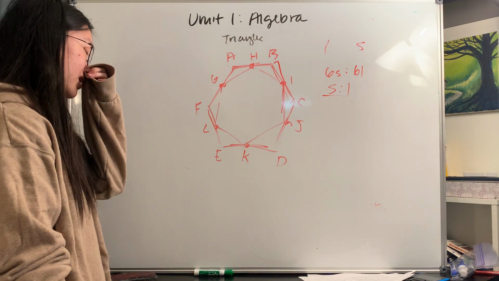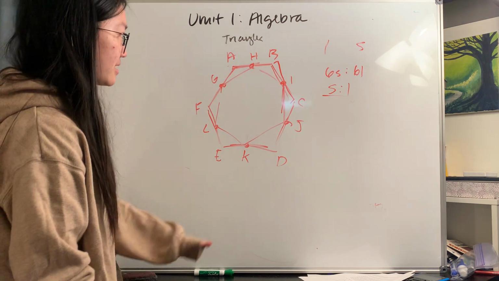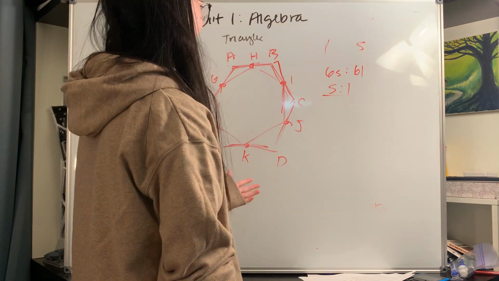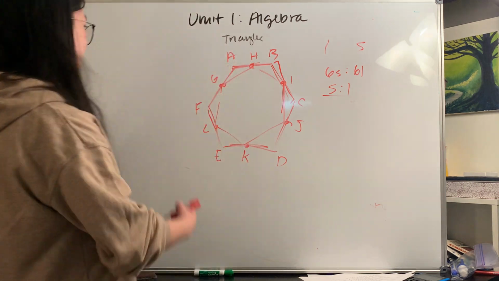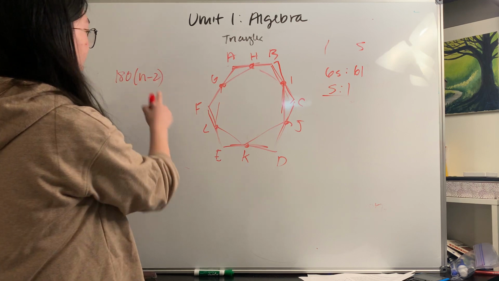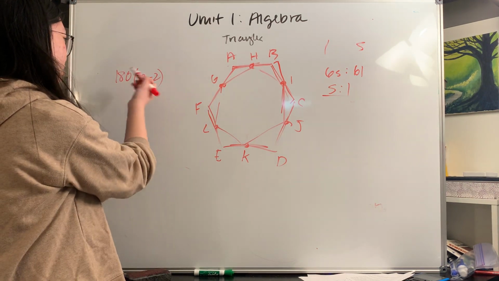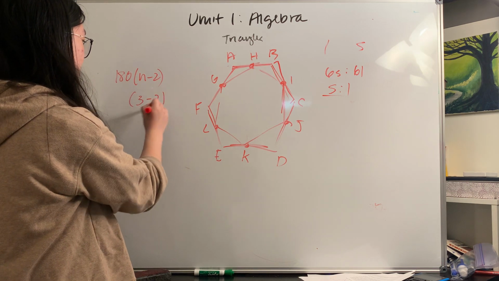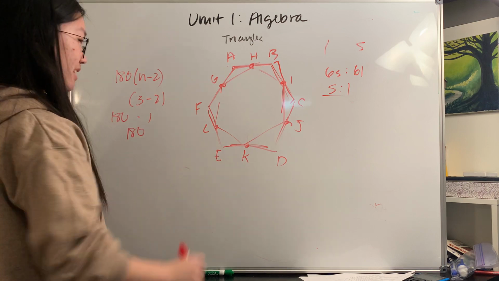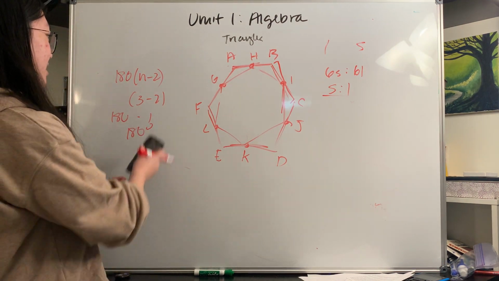The thing about regular hexagons like this is that there's a formula to figure out the sum of all the angles, and that formula is 180 times n minus 2, where n is the number of sides. You'll see that this works for triangles too. Triangles have 3 sides, 3 minus 2 is 1, 180 times 1 is 180, and the angles in triangles sum to 180 degrees. We can use this for hexagons too.